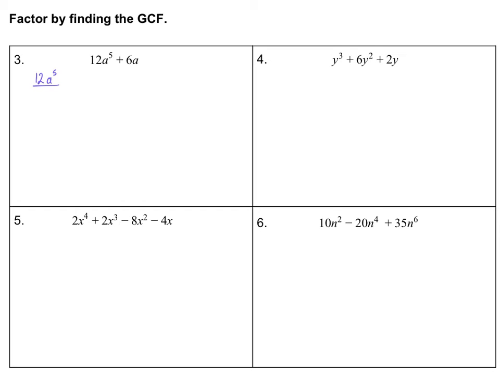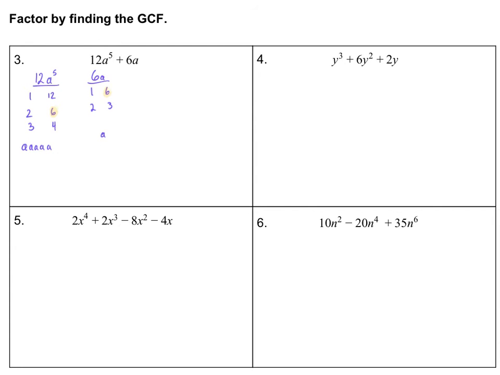I'm going to find all my factors of 12. 1 and 12, 2 and 6, 3 and 4. Now a to the 5th is a times a times a times a times a. So if I want to look at my factors of 6a, 1 and 6, 2 and 3, and just a single a. So now what do they have in common?